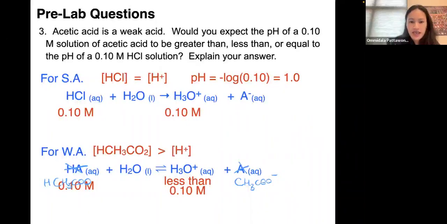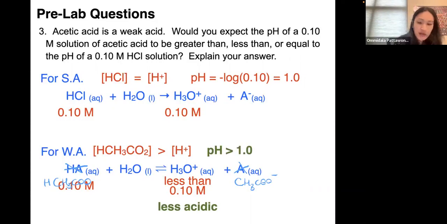Therefore, this solution would be less acidic, so the pH would come out greater than 1. Again, the reason is that the available proton is less than the initial concentration of the acid, so the pH will be greater than 1 because it's less acidic.